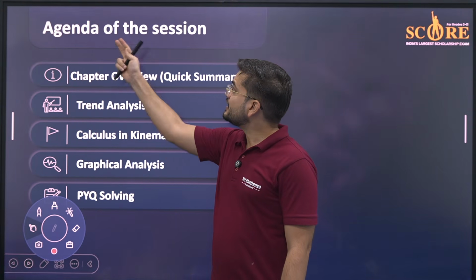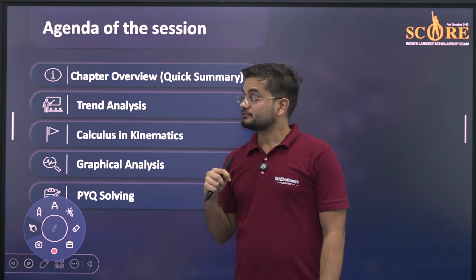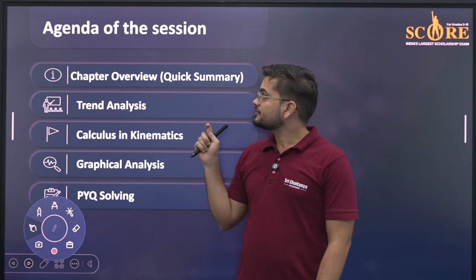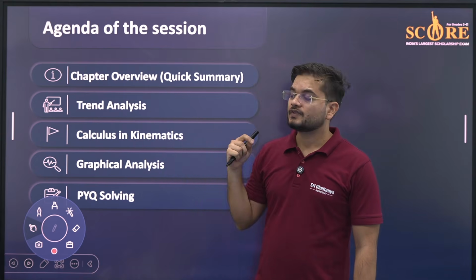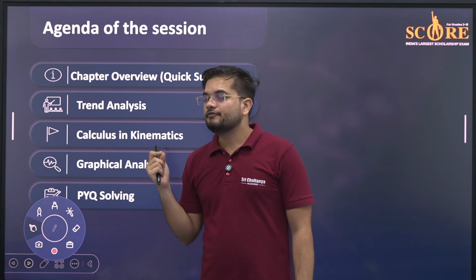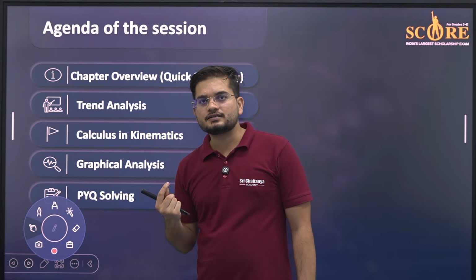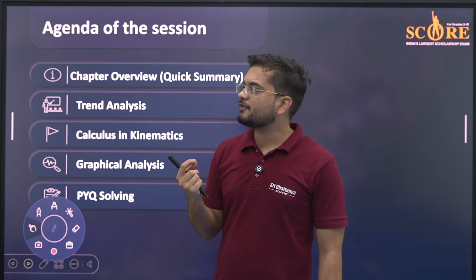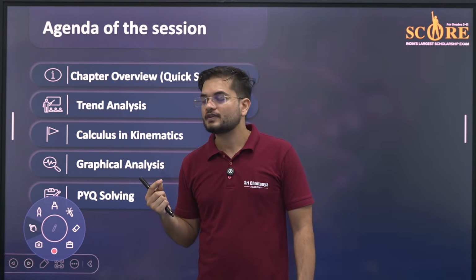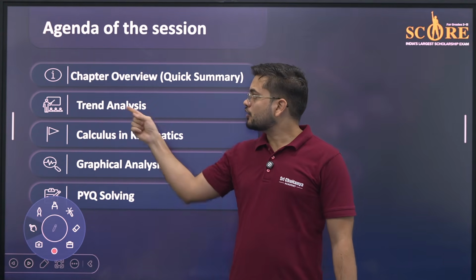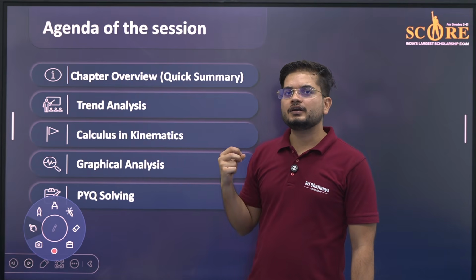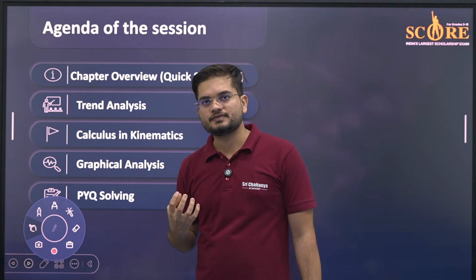The agenda of the session. First, chapter overview. In this part, we will quickly discuss some basic concepts of kinematics 1D, and then according to the trend we will discuss some basic problems.